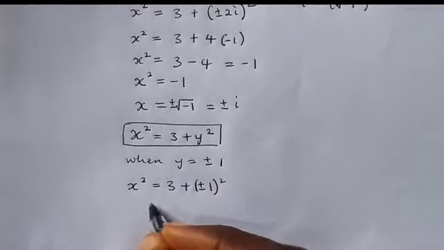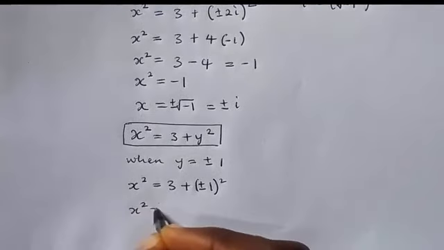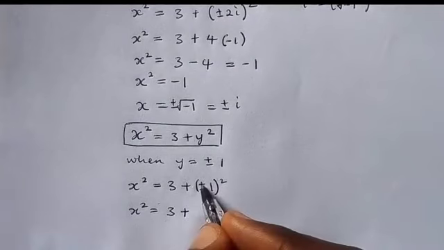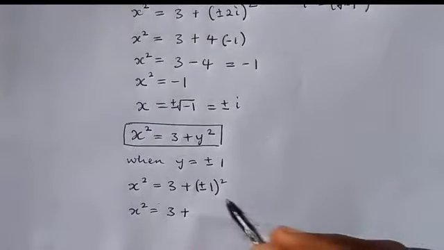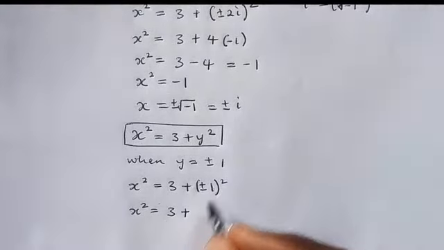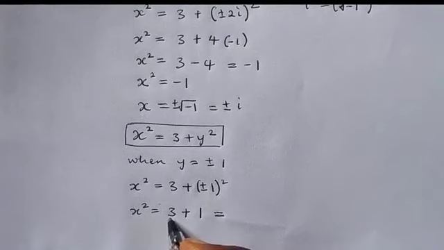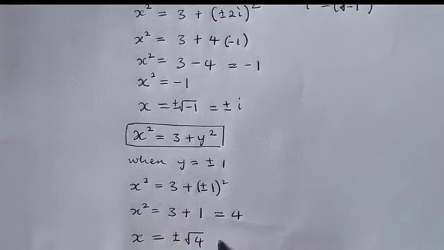Now this will be x raised to power 2 equals 3 plus, plus times plus equal to plus, minus times minus is also equal to plus. So 1 raised to power 2, that is also 1, which is equal to 3 plus 1, which is 4. So x will now be equal to, by introducing square root to both sides, plus or minus square root of 4, which is plus or minus 2.